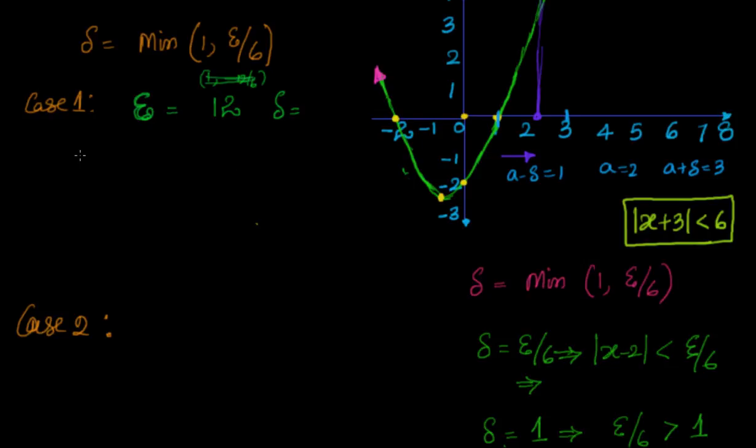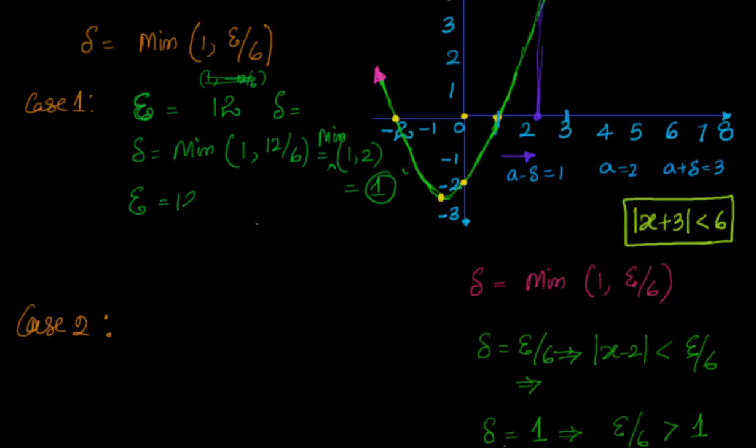Let me write it down here, that's better. Delta equals the minimum of 1 comma 12 by 6, that is 1 comma 2. The minimum of 1 comma 2 is 1. So we are looking at the condition where epsilon is 12 and delta equals 1. Now, if x is between a minus delta and a plus delta, what are the values of x?